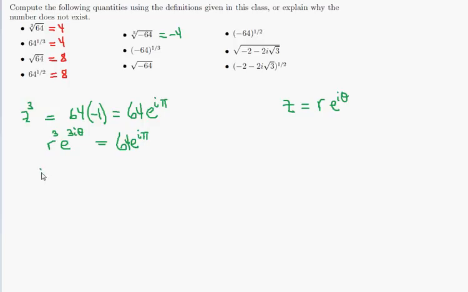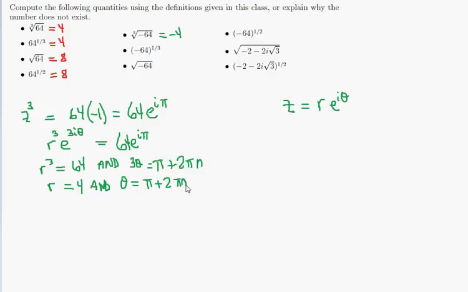So that means that r cubed is 64, and 3 theta is equal to pi plus 2 pi n. R must be positive, and so that means r is equal to 4, and the angle theta is equal to pi plus 2 pi n over 3.